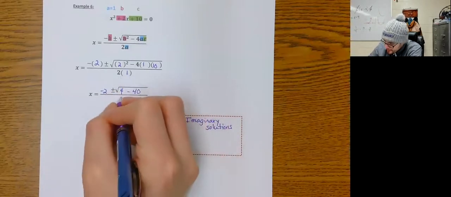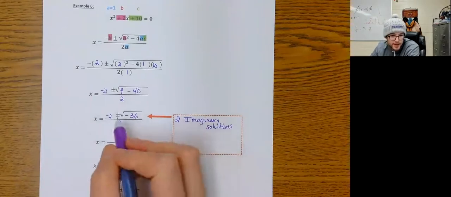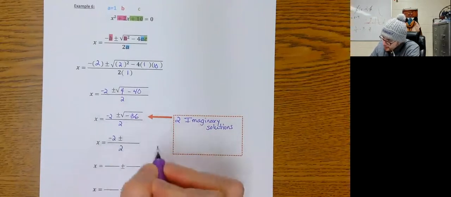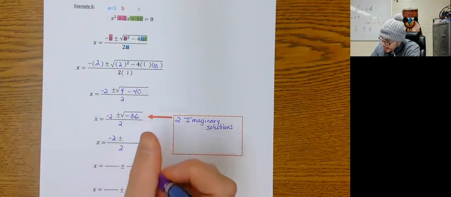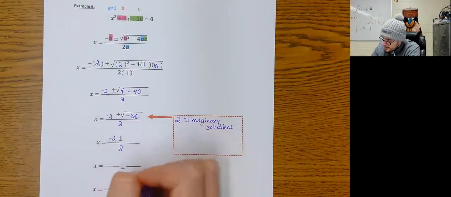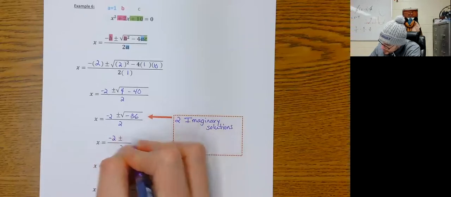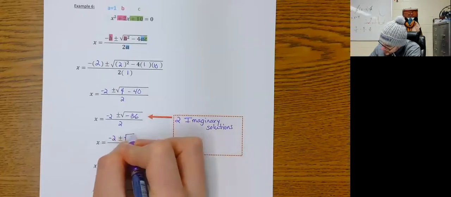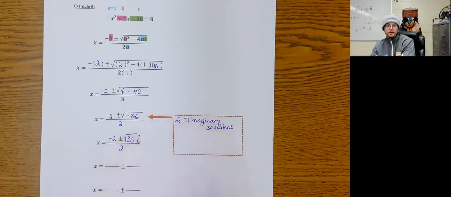Oh, I'm forgetting something. What's 2 times 1? 2. Okay, I'm going to drop the -2. The square root of -36 is, I am going to say, well, I'm just going to separate this out into the square root of 36, and I'm going to put i at the end. Right? The negative became an i. I factored out a -1, and that became i.